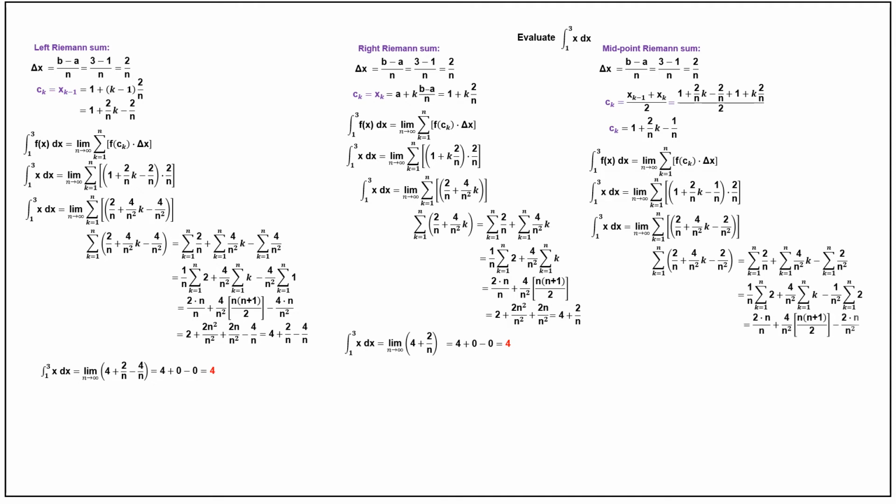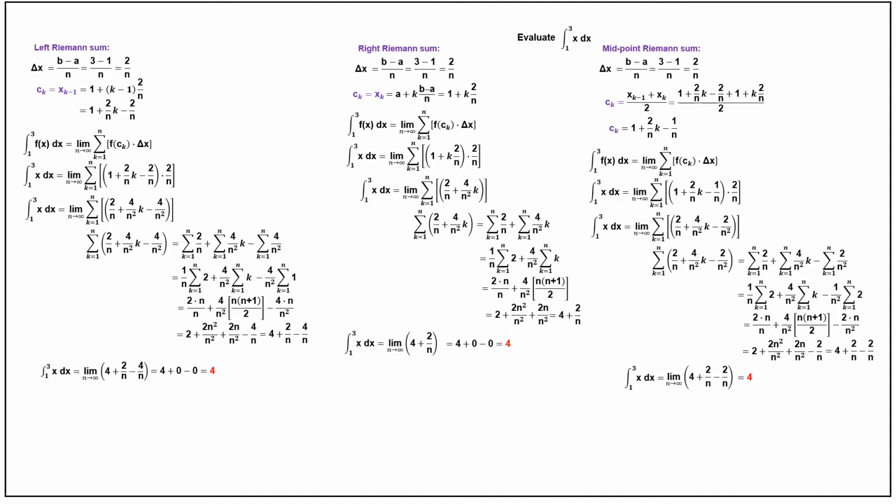As we can see, the limit gives the same value for all possible choices of sample points, c sub k. So we generally use one of the above methods as it makes algebra simpler. In calculus, limits are used to define basic quantities that otherwise would not have a precise meaning.